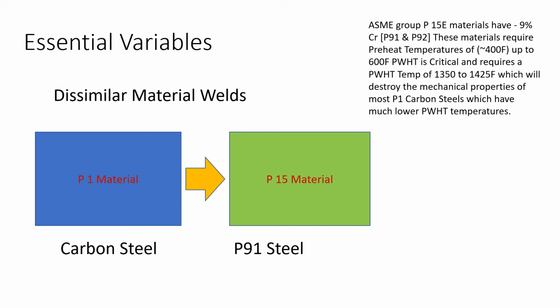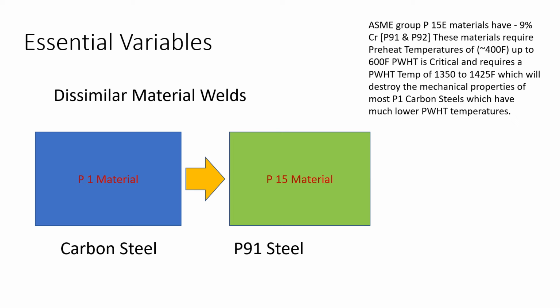Another question that often gets asked, hey, how do I know if I can weld these materials together? Well, some of it is just common sense. Maybe some of it is not so common sense. But here would be an example of a P1 material, your garden variety carbon steel, being welded to a 9% chrome, these P15E materials. These things are nasty to weld.